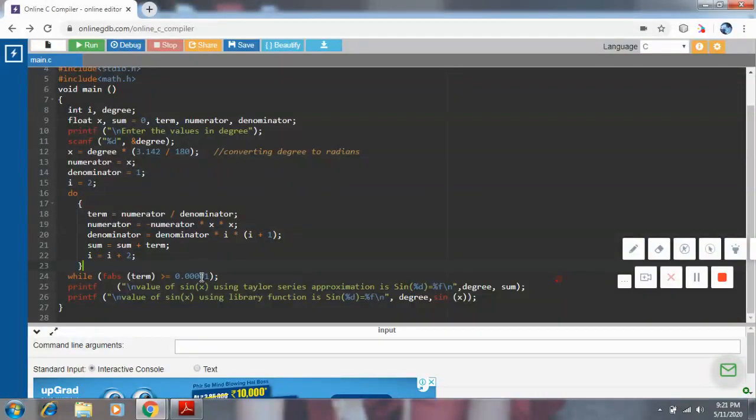If it falls below this, the loop will be terminated. So this means it checks for a maximum of 4-digit decimal accuracy.